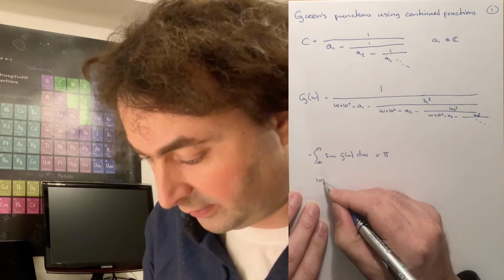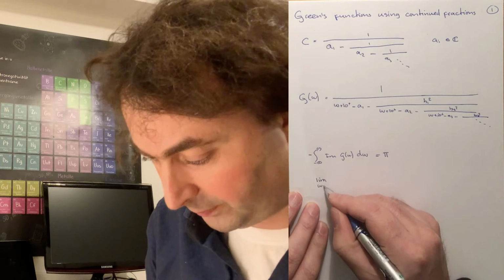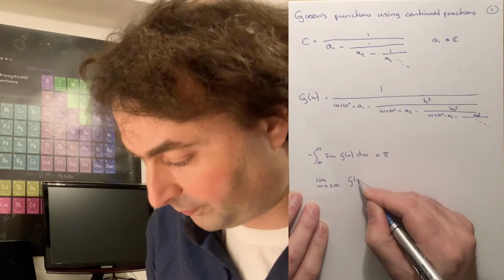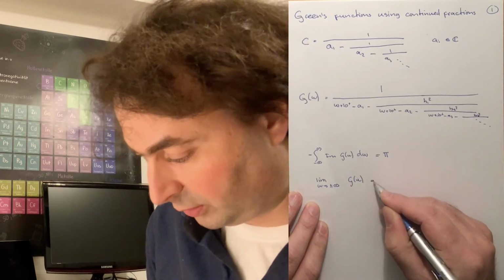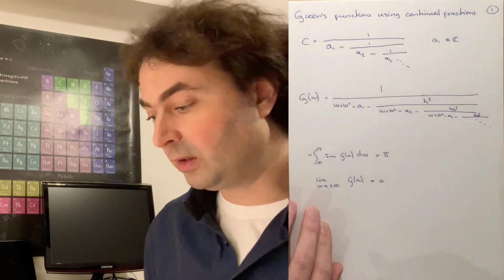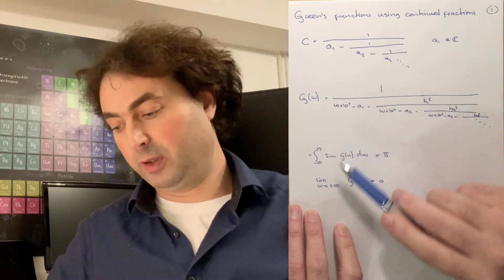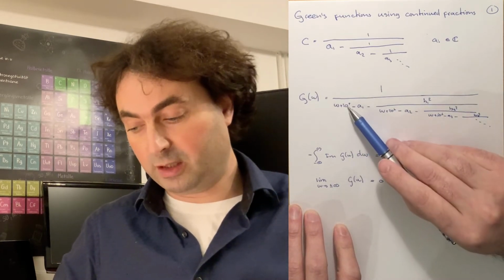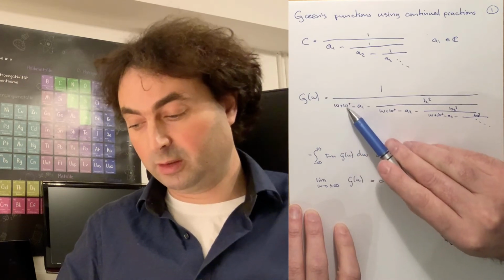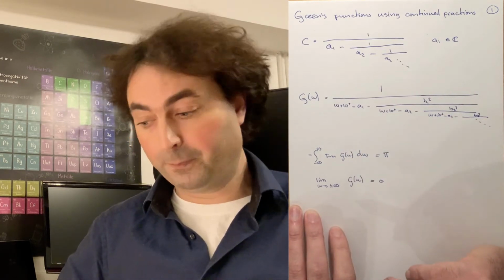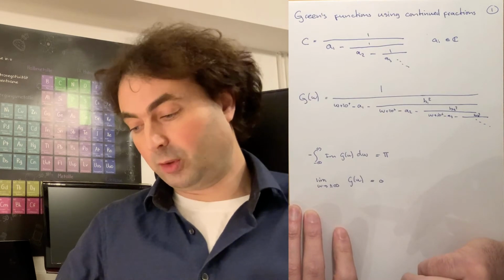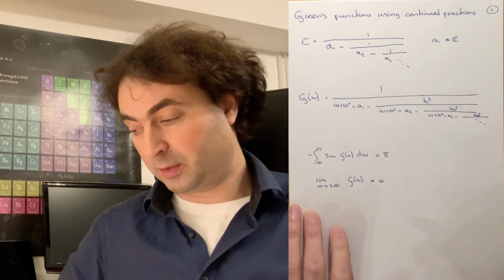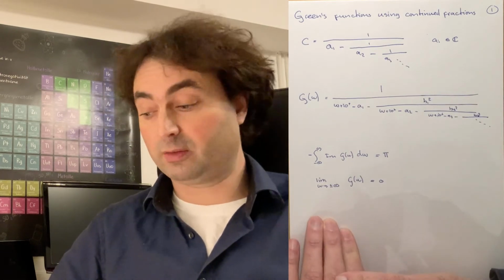We know that the limit of our Green's function for the frequency to plus or minus infinity has to go to 0. Then we know that the poles have to be in the lower half plane of the complex plane, which is definitely the case because we only have here a complex number that goes to 0. And then we have the Kramers-Kronig relations that relate the imaginary and the real part, and that's perfectly valid for any Green's function written in this form.